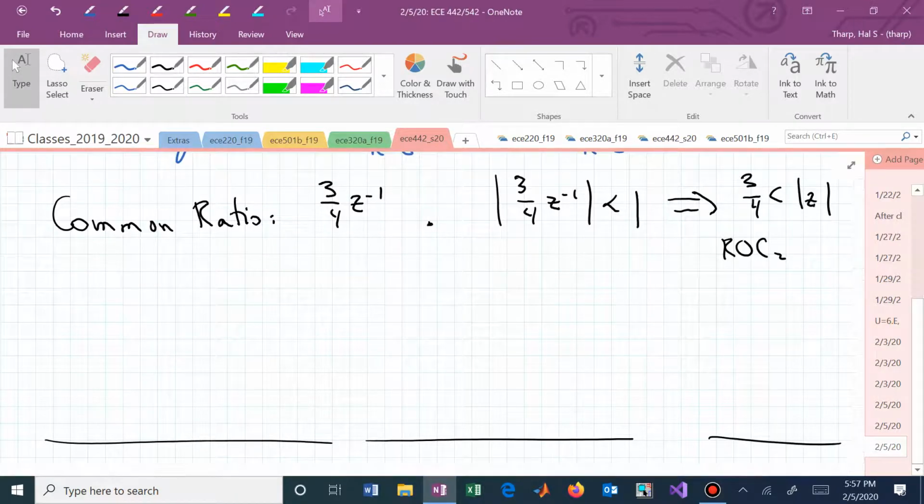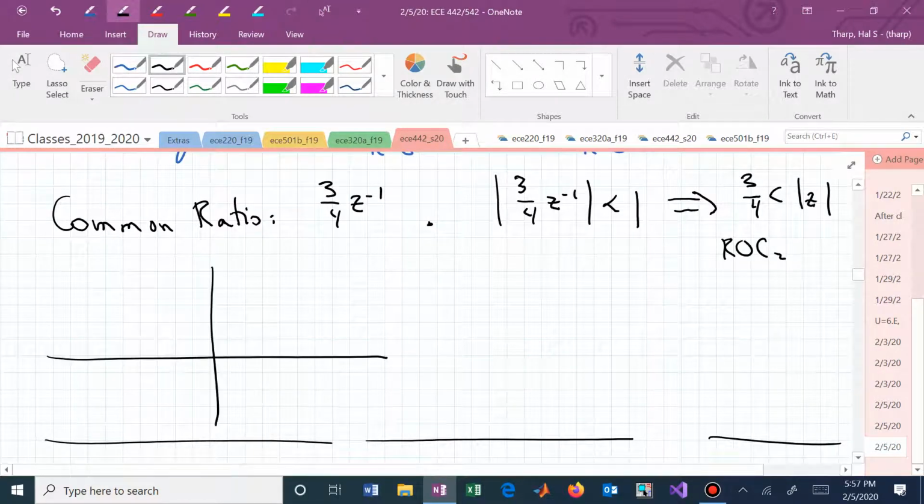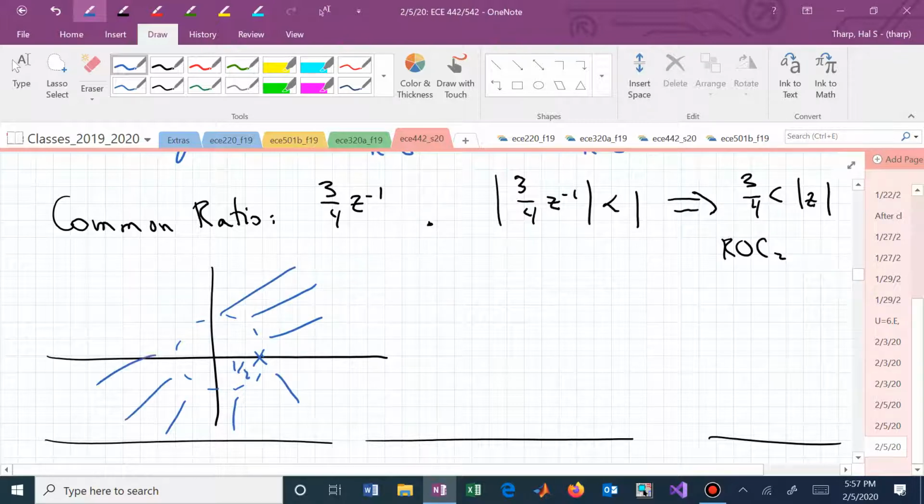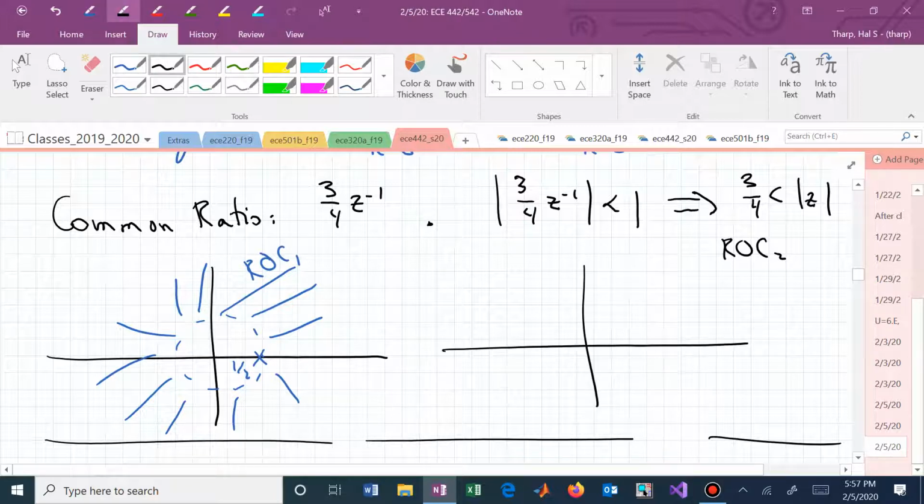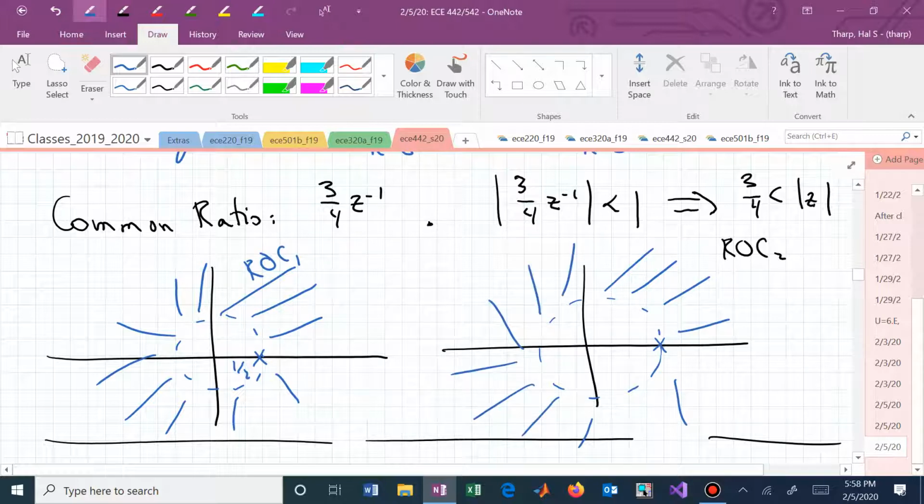I should have left myself more space, but here we have region of convergence 1, region of convergence 2, centered at the origin. Please don't hold me to that, but that's a disk with a hole drilled out, centered at the origin, and this is now 3/4. This is region of convergence 2.